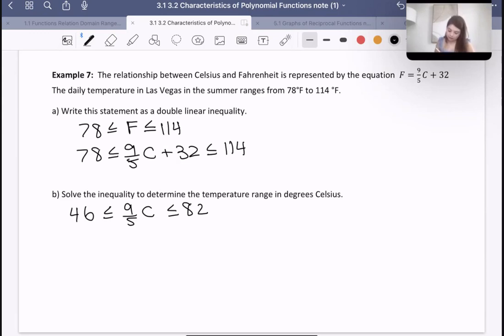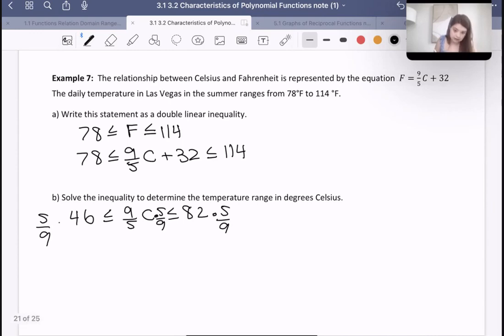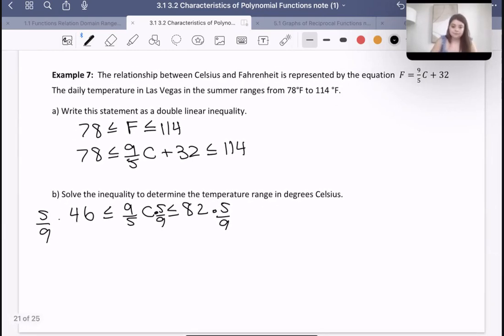Now we're going to multiply everything by 5 over 9. So 46 times 5 divided by 9 is going to be 230 over 9. And over here, we're going to get 410 over 9.